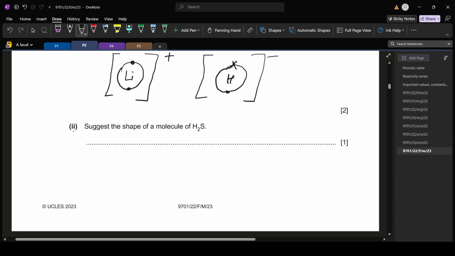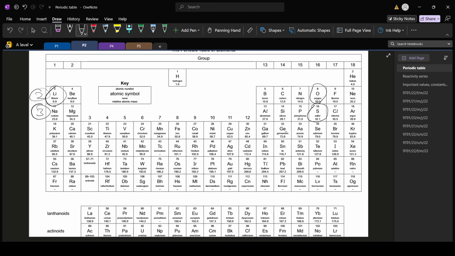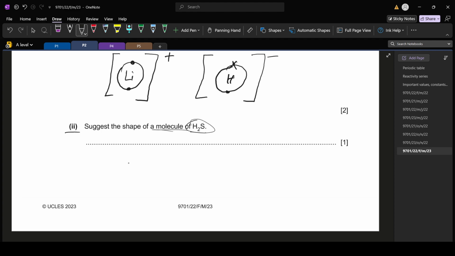Now suggest the shape of the molecule H2S. Sulfur is in group 16, so it must have 6 electrons in its outer shell, and 2 of the electrons are bonded.